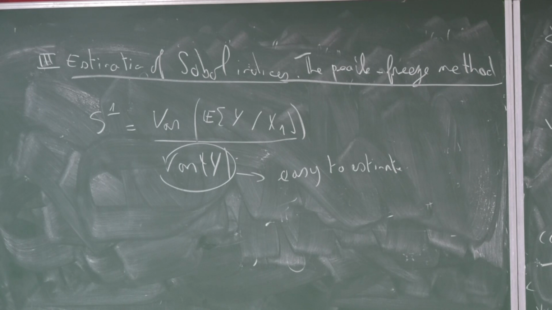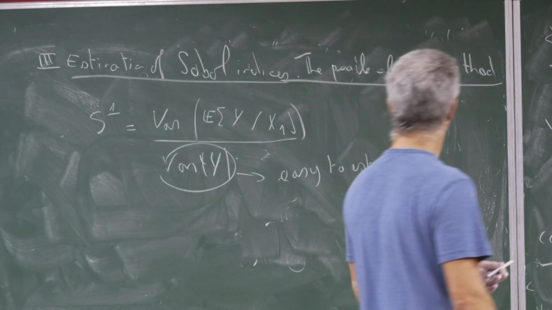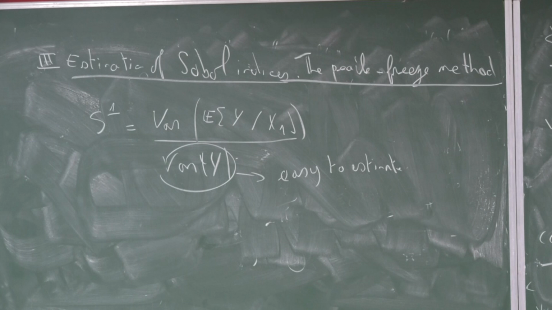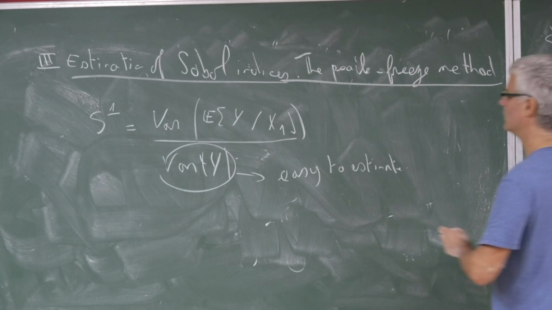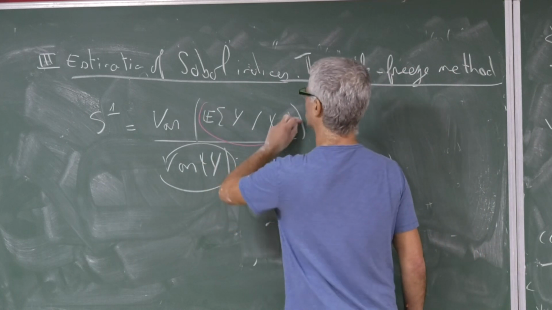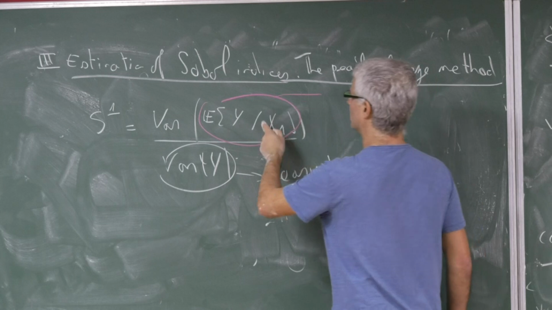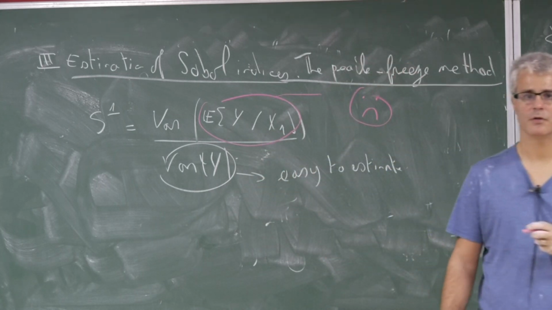Since I have the code, I can easily have a sample of y. What I don't like in this formula, what is a little bit scary, is the conditional expectation here.